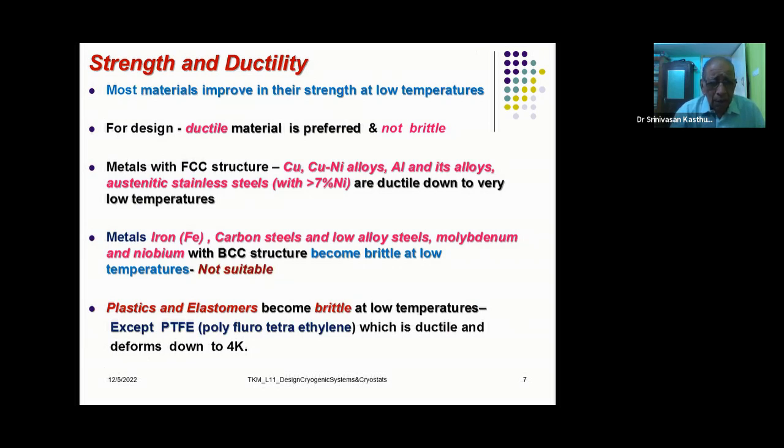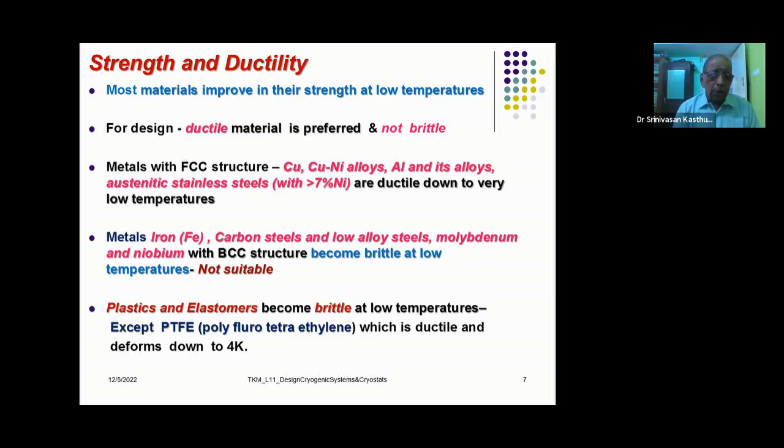Let's come to strength and ductility. Most materials improve in their strength at cryogenic temperatures. Ductile material should be used and should not be brittle. It should not undergo a ductile to brittle transition. Such materials have to be used for making a cryogenic container or cryostat.